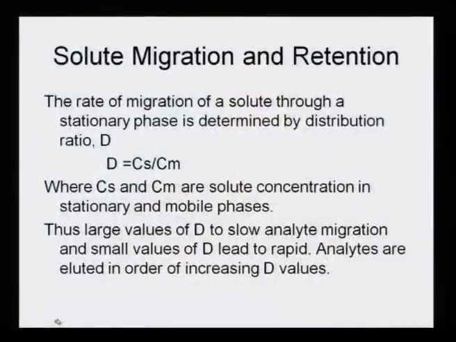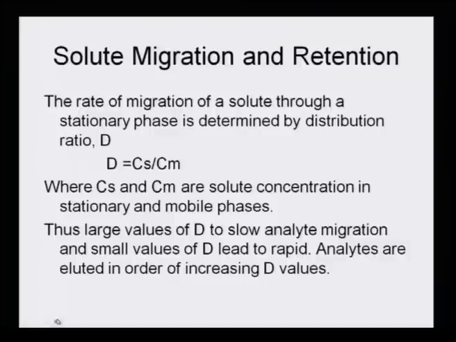The genesis of chromatographic separation lies in the fact that there is solute migration and there is retention. The rate of migration of a solute through a stationary phase is determined by the distribution ratio D. Now, this D is equal to Cs upon Cm, where Cs and Cm are the solute concentrations in the stationary phase and the mobile phase.